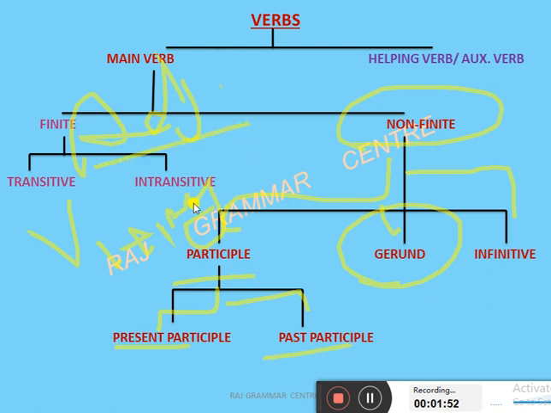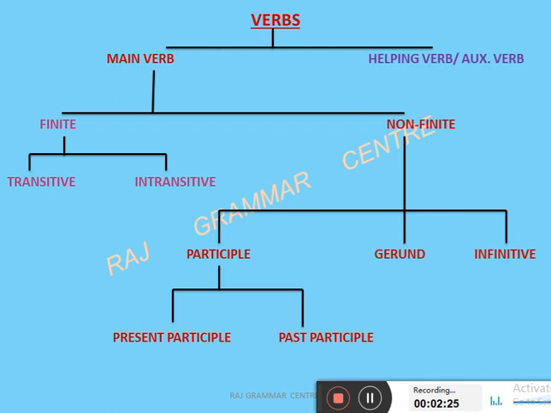For the past participle, we use the third form, with suffixes like ed, d, nt, especially at the end. That thing I taught last time. Why am I repeating this part? Because this topic is also based on that. In the present participle we use ing, and in the same way we use ing in the gerund also. But how to use it? For that, first we learn the definition, then we go ahead.